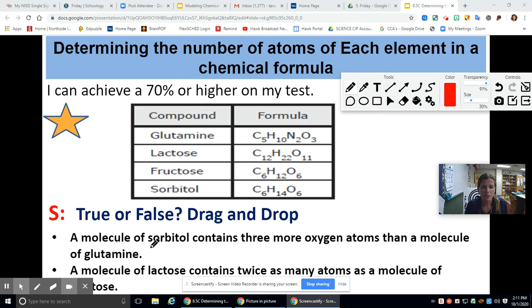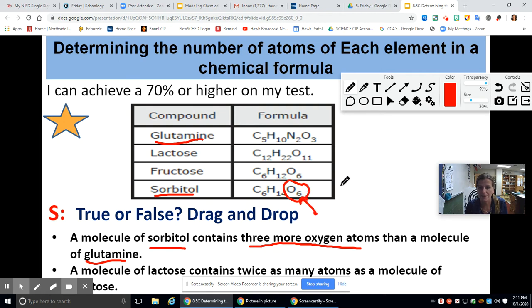A molecule of sorbitol contains 3 more oxygen atoms than a molecule of glutamine. So let's go up here to our chart, find sorbitol and glutamine, and compare oxygen atoms. In sorbitol, you have a subscript of 6.